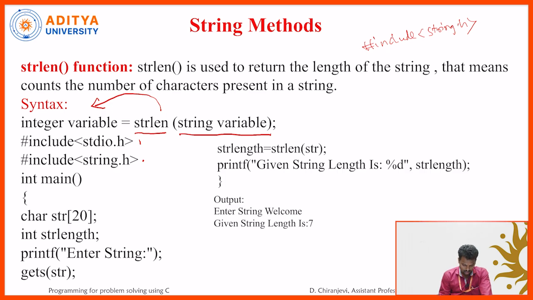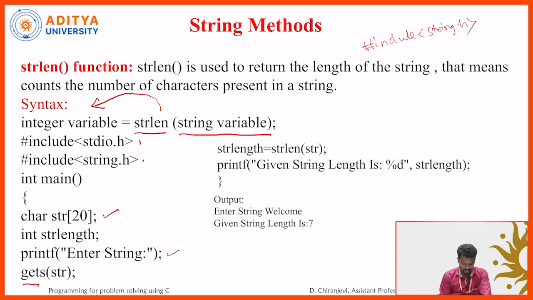Now you declared a string and an integer variable, strlength, to find the length. Then you read a string from the user: you print the message enter string, and read the string using the gets function.